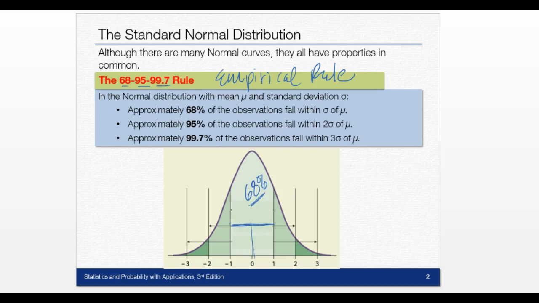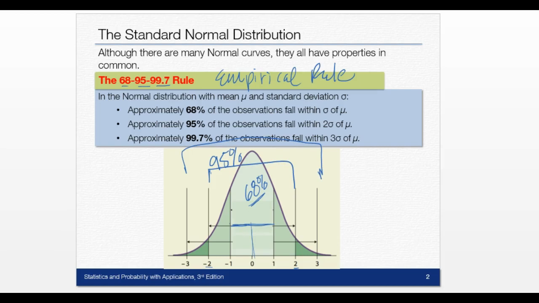Then if you go 2 standard deviations out, that encompasses 95% of all observations. Okay, that 68 is included, but 95% of all of them will fall within 2 standard deviations. That's why you see a 2 down here and a -2 here. So it's adding 2 or subtracting 2. And then 99.7% of all observations fall within 3 standard deviations, above and below the mean.